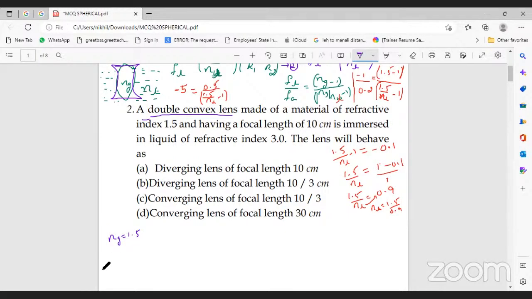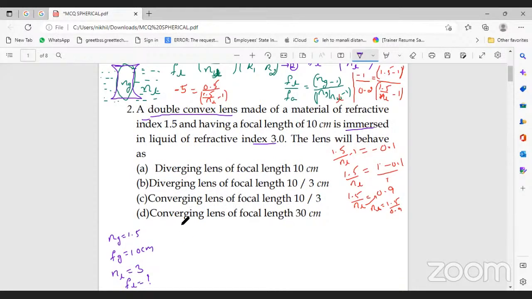What is the focal length of that glass? 10 centimeters, sir. Now, when it is immersed in water of refractive index 3, they are using some liquid. The liquid refractive index is 3. Now, they are asking you to find what the lens is going to behave like in that liquid medium.